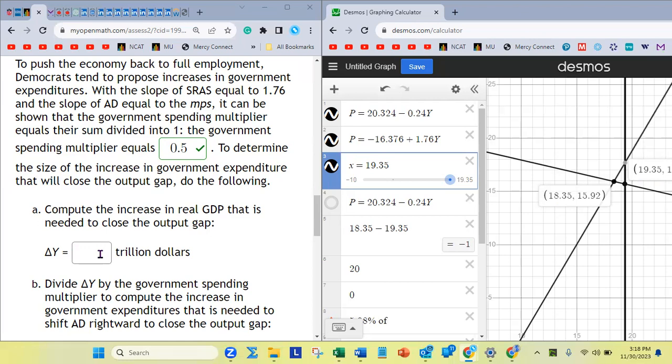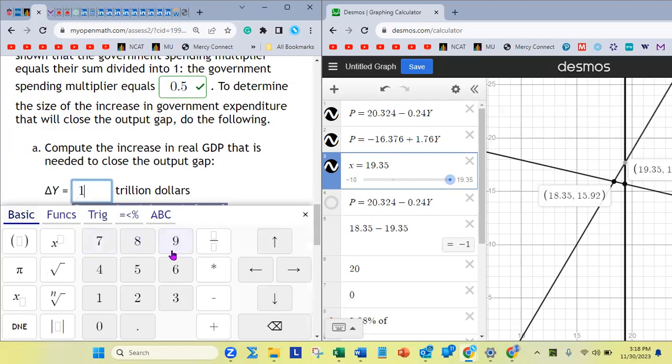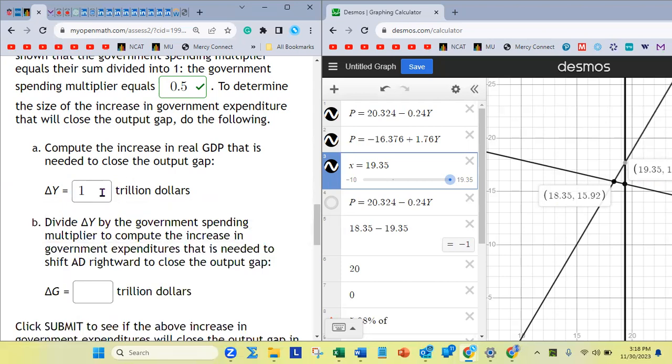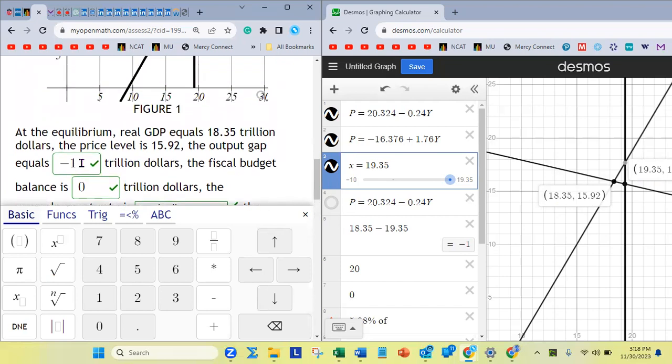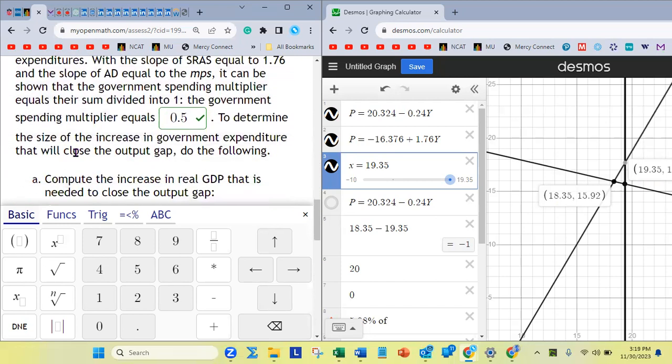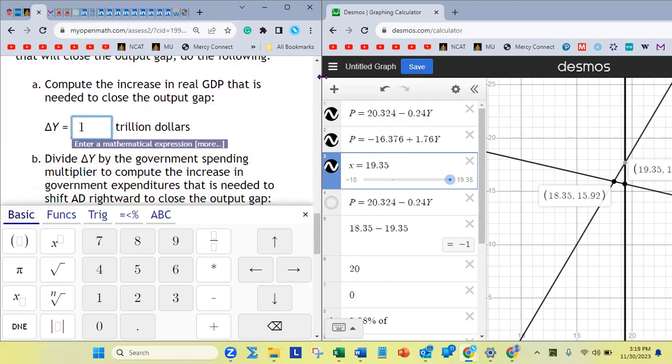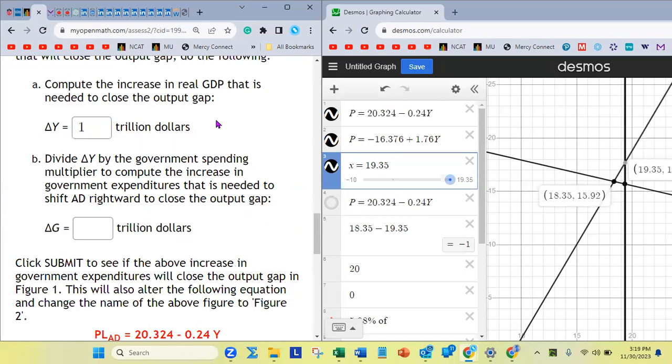So I want to increase GDP by $1 trillion. Notice that what we want to increase GDP by equals our output gap in absolute value. So you could just copy the number from the output gap without the negative sign and paste it down here, because that's how much you want GDP to increase by, holding everything else constant.